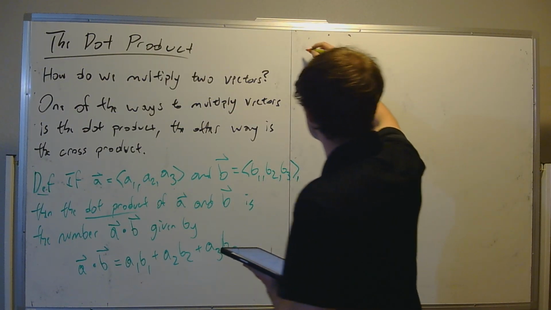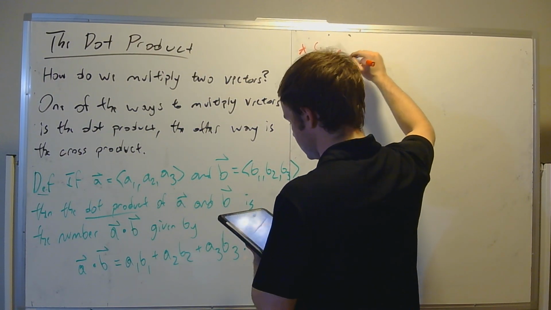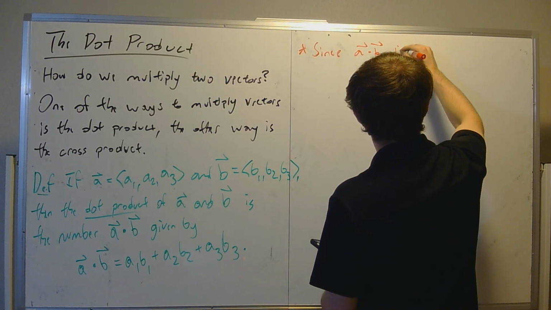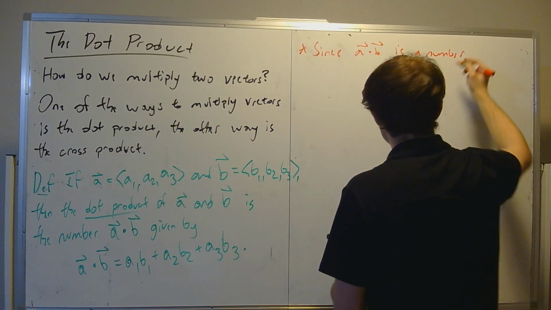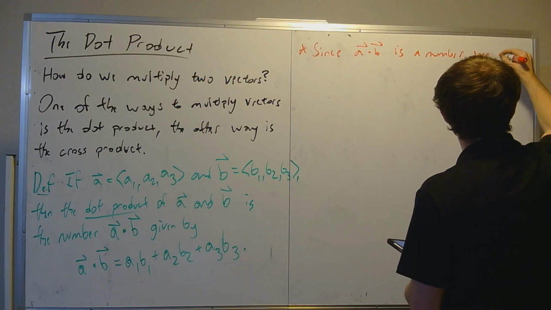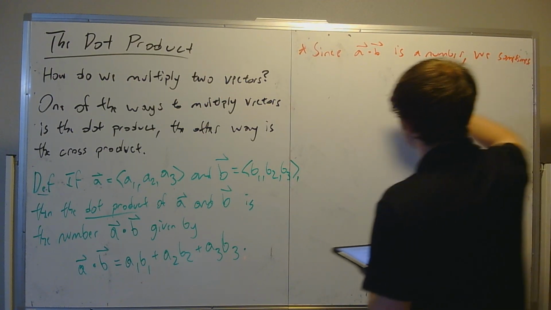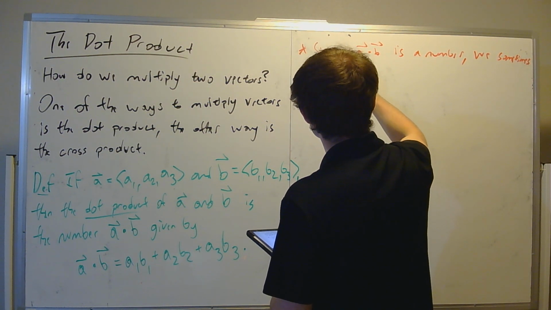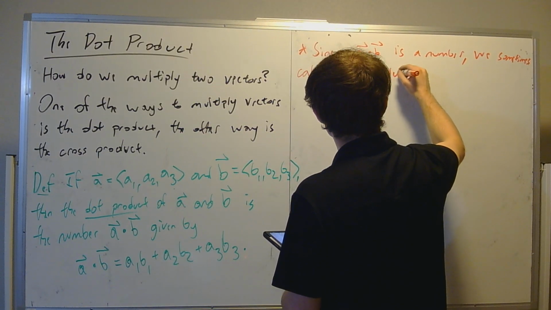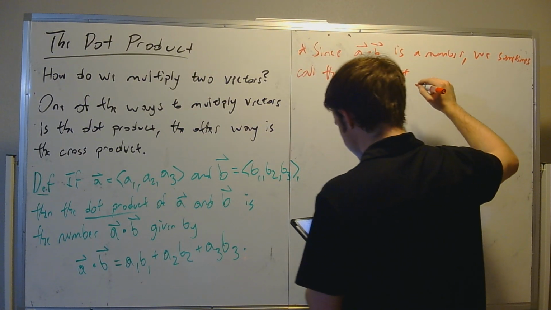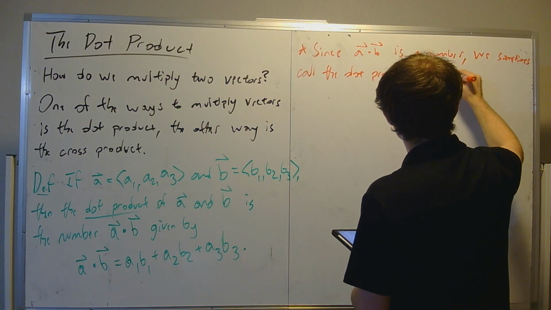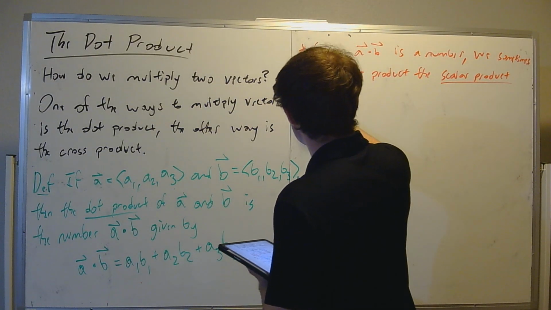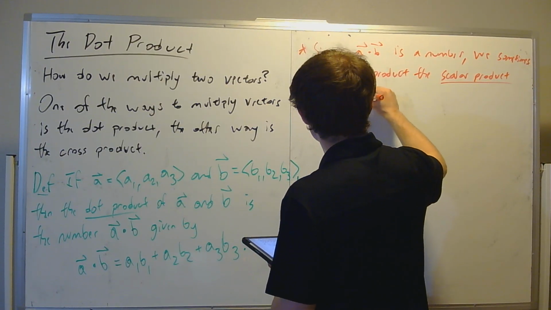Since A dot B is a number, we sometimes call the dot product the scalar product or inner product.